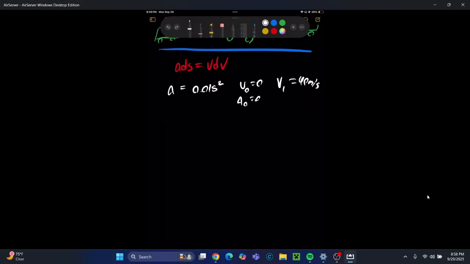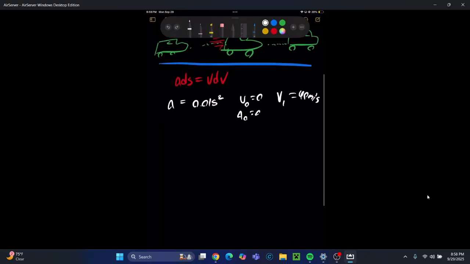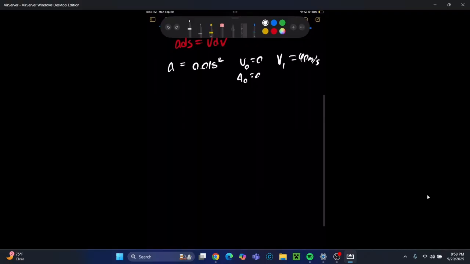Anyway, we can use the a ds equals v dv equation. Subbing in for a, we have 0.01 s squared, s equals v dv, because we don't know v. You see the ds and the dv, so you know you want to integrate. So we're going to integrate those.